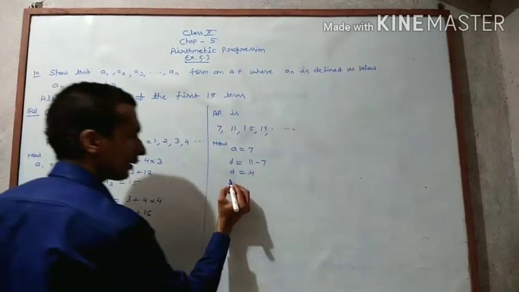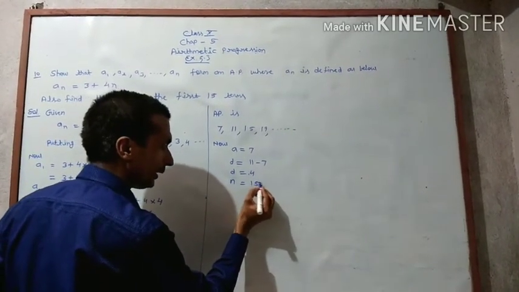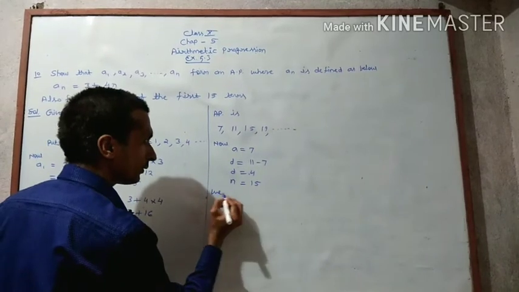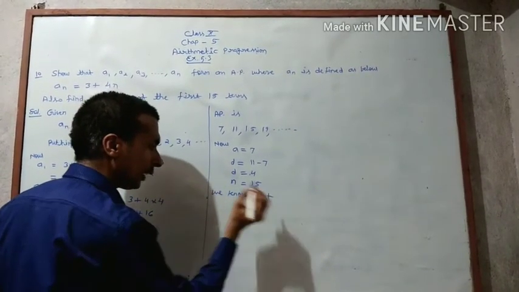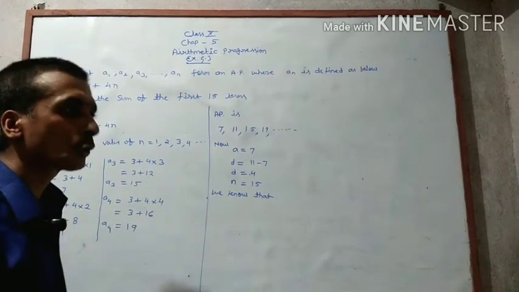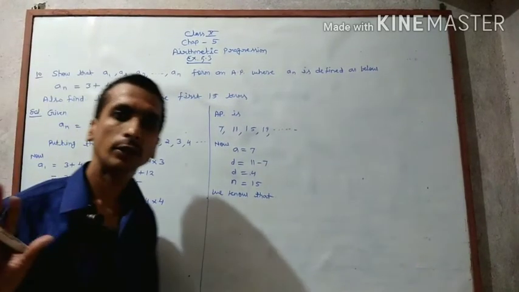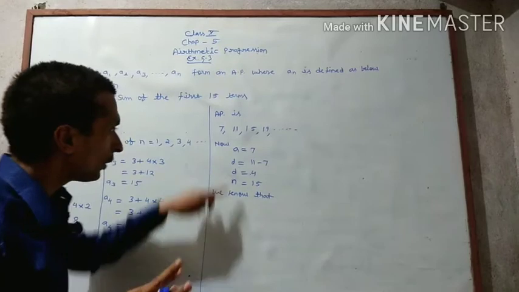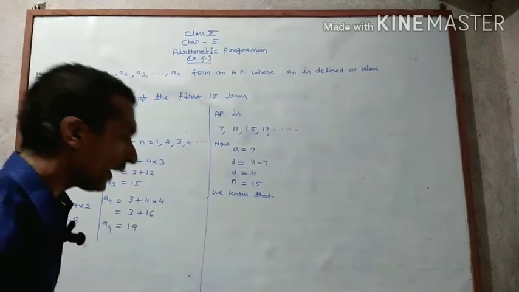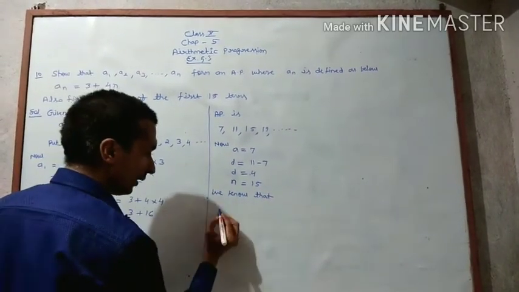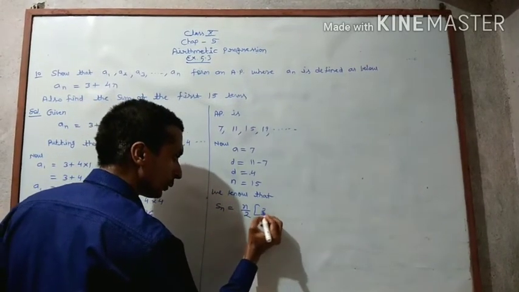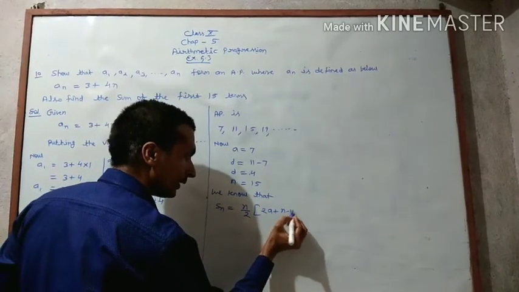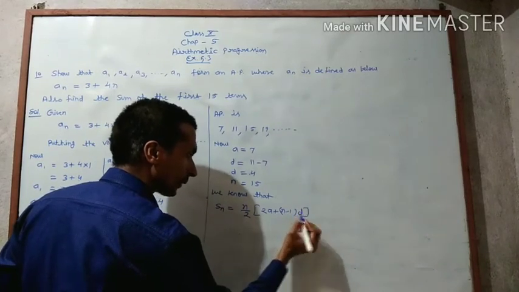Okay, and we have to find the first 15 terms, so that means n equal to 15. We know the formula: n upon 2, 2a plus n minus 1 d. Already we have the a, d and n values.